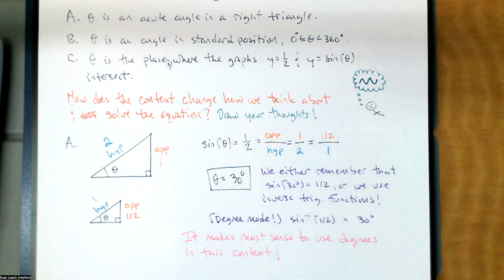When we're talking about triangles, it makes most sense to just list our angles in degrees. So we'll do that. Theta is equal to 30 degrees.